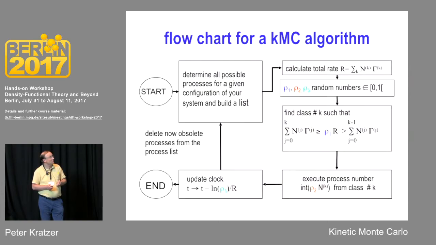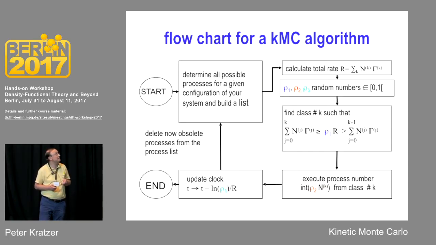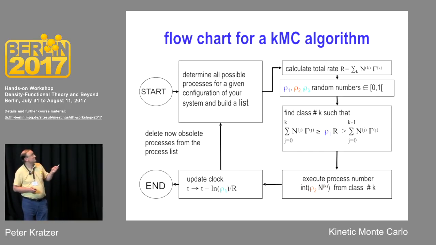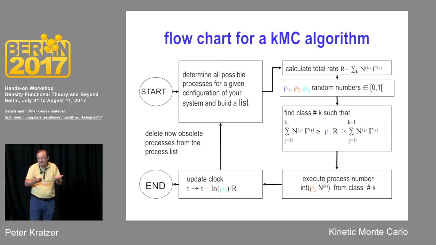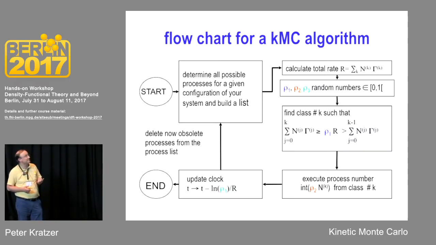Then here I have a flow chart that summarizes the process type KMC algorithm. So we start with some configuration that constitutes the initial state of your system. It depends what you want to simulate. Then you calculate all rates and the total rate capital R. Then you need 3 random numbers. The first random number is used to select the process type.